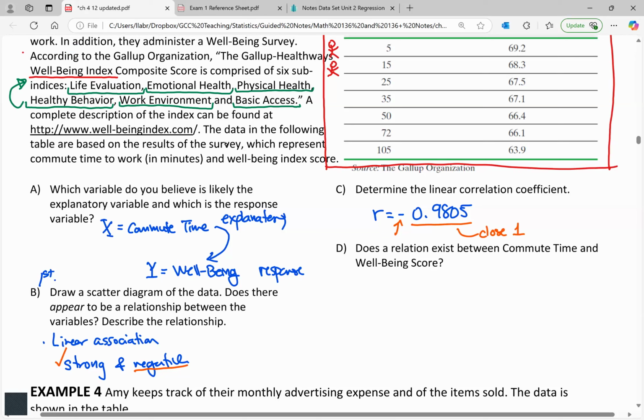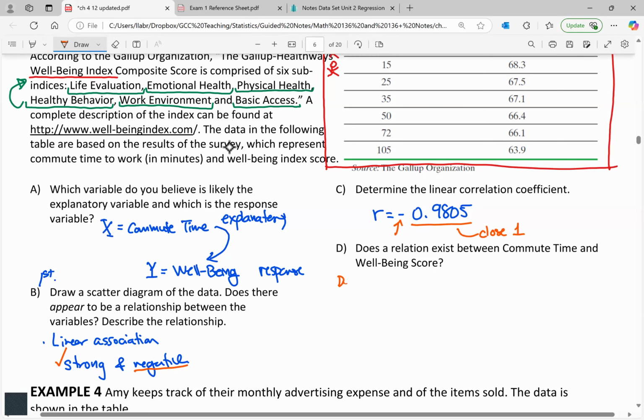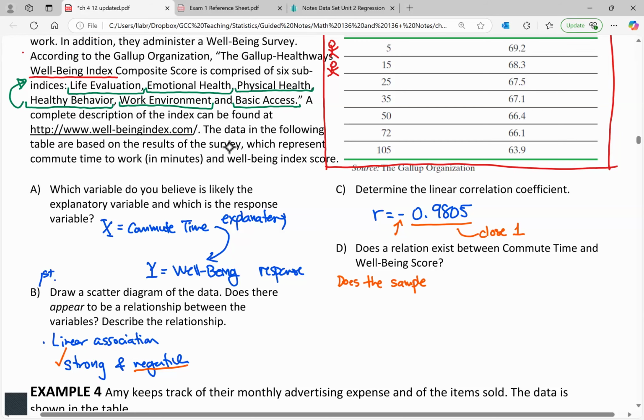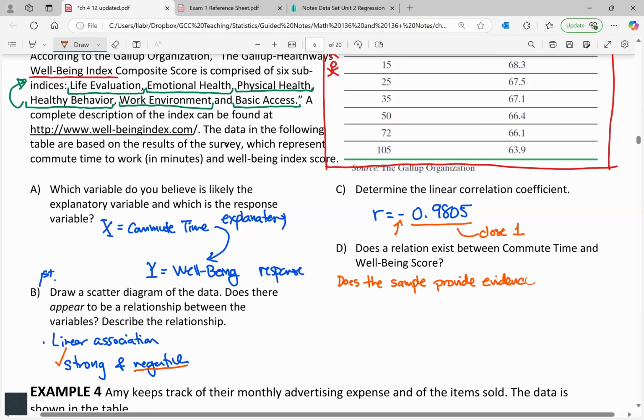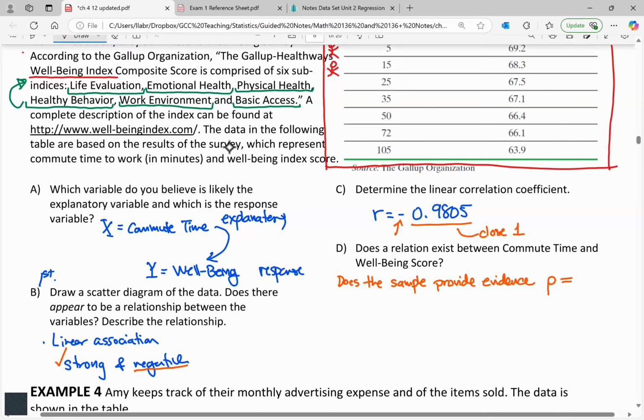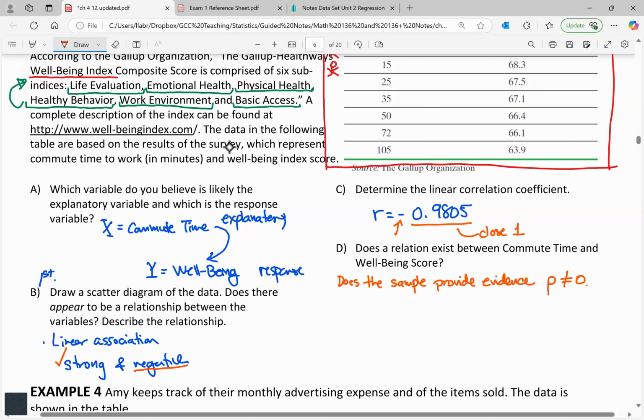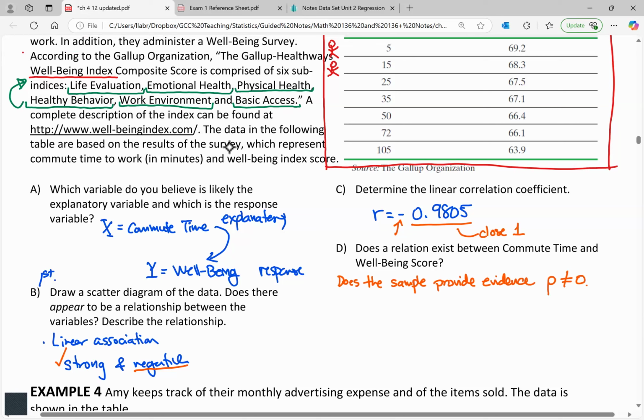In other words, does the sample, because this is just a sample, we didn't ask the entire world, does the sample provide evidence of a trend? In other words, that the population correlation coefficient is not 0. In other words, that there is some positive or negative value.